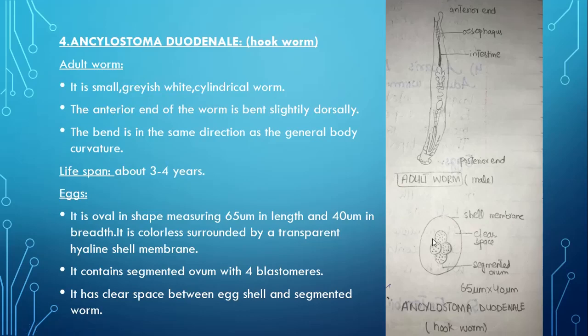Then it contains a segmented ovum with 4 blastomeres. These are the 4 blastomeres of the segmented ovum. It has a clear space between the eggshell and the ovum. So this was all about stool examination part 2.